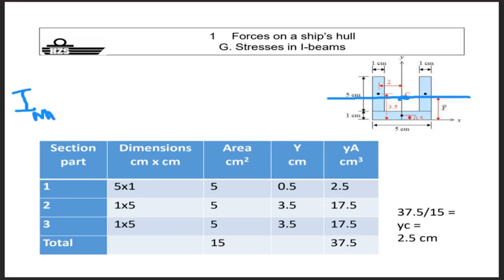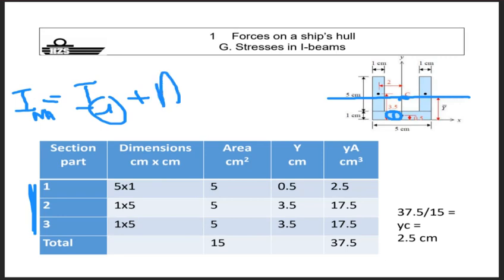So the I around the neutral axis equals what? The I of element number 1, let me keep the same notations as below, plus a correction. What is the correction?